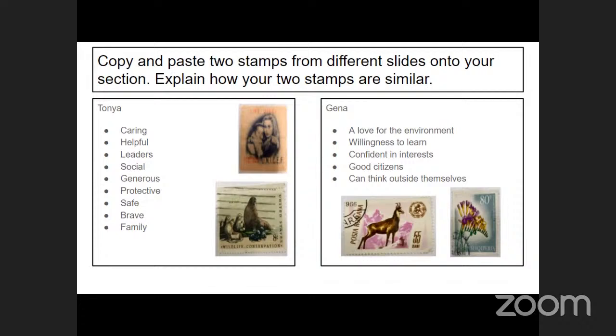I feel like kids at these lunch tables are confident in their interests and in sharing them with other people. The assumption would be that they're also good citizens that care about things outside of themselves. So that's what came up for me. Awesome. Thank you.